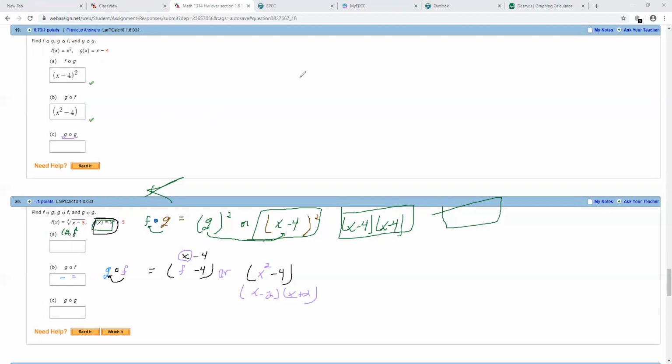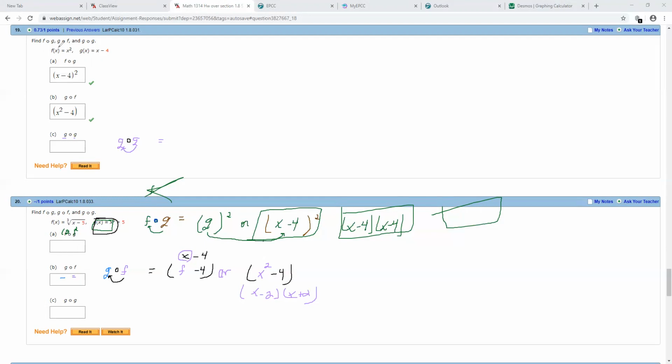We have G, and well, they're both G's, so I guess I have the same color. And G again. And this equals, and this means put G into G.